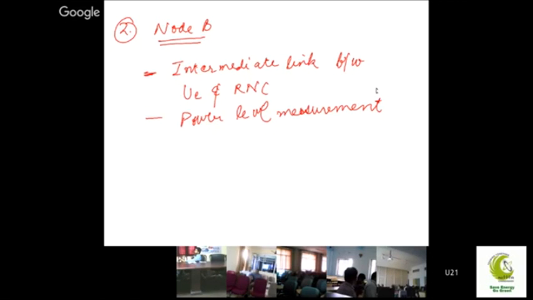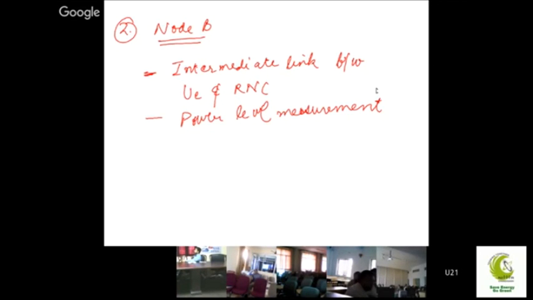As the user equipment, that is, our mobile phone, has the feature of power level measurement, that is, how much power to receive from the node B when standing close or standing far away, this function is also performed by node B: how much power it has to deliver to the user who is close to it or who is standing far away from the tower.